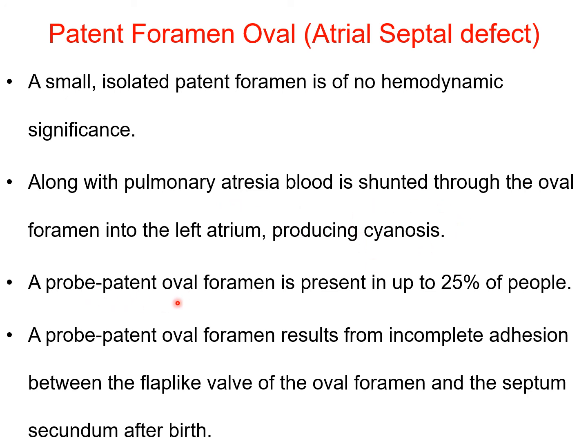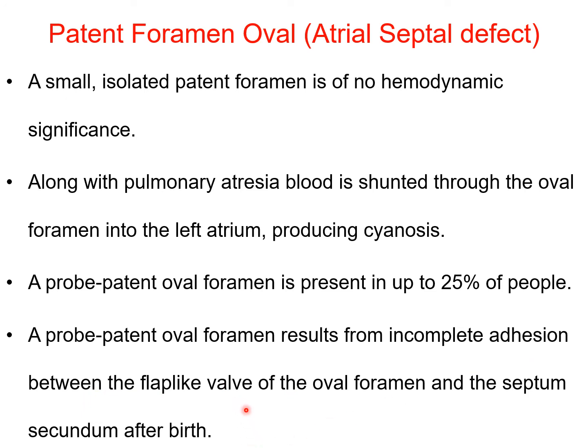A probe patent foramen ovale: probe means we put a small probe into the foramen ovale. A probe patent foramen ovale is present in up to 25% of people. And it does not cause any problem unless there is proper shunting of blood between the right and left atria. A probe patent foramen ovale results from incomplete adhesion between the flap-like valve of the foramen ovale and the septum secundum after birth.